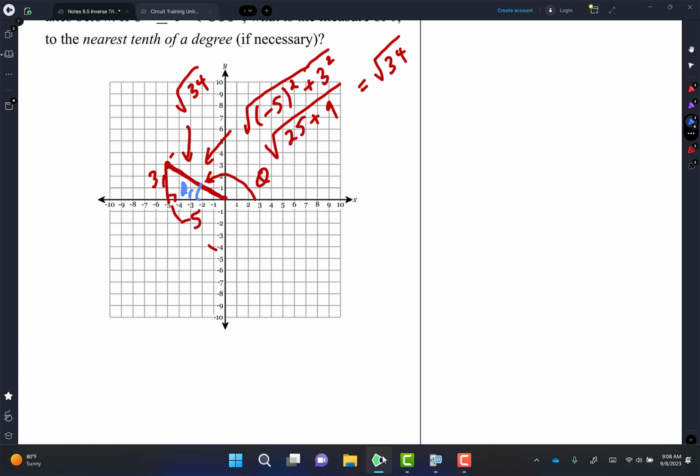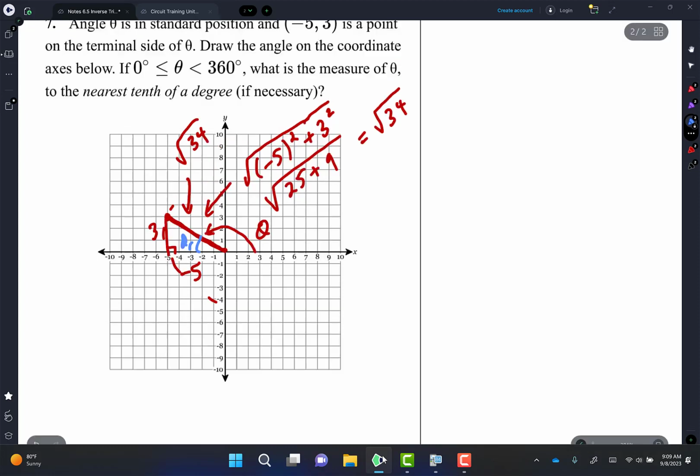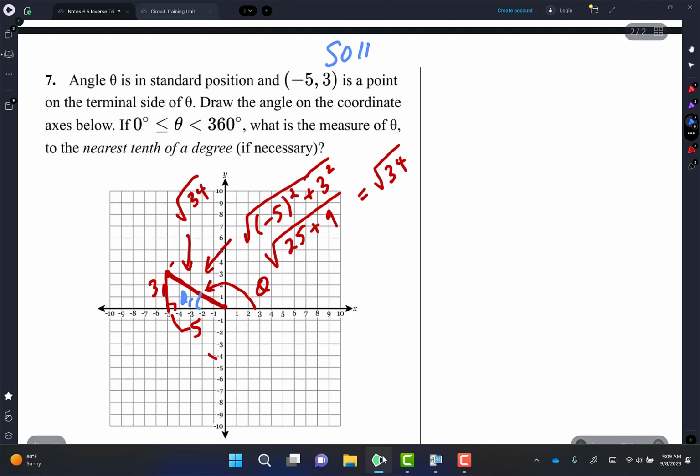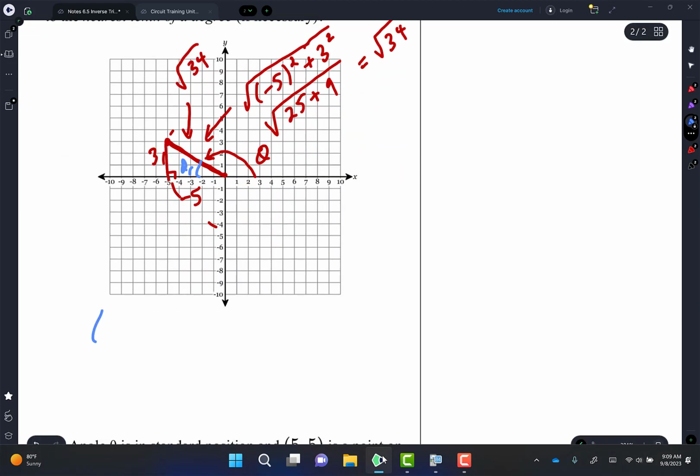So you see that reference angle there, guys? With respect to the reference angle, that 3, is it opposite, adjacent, or hypotenuse? Opposite. What about that negative 5? Adjacent. Which one, sine, cosine, or tangent, uses opposite and adjacent? So I could have done this: tangent of the reference angle equals 3/5.